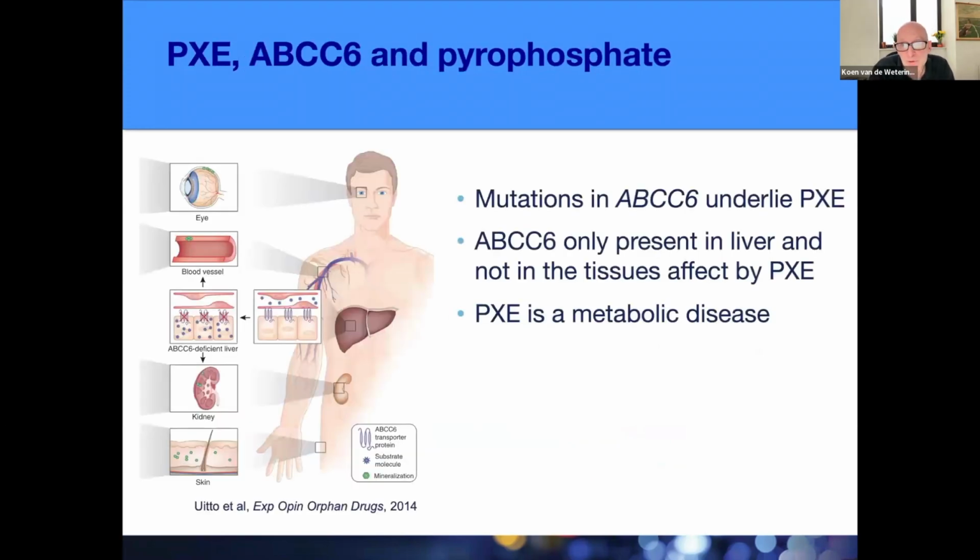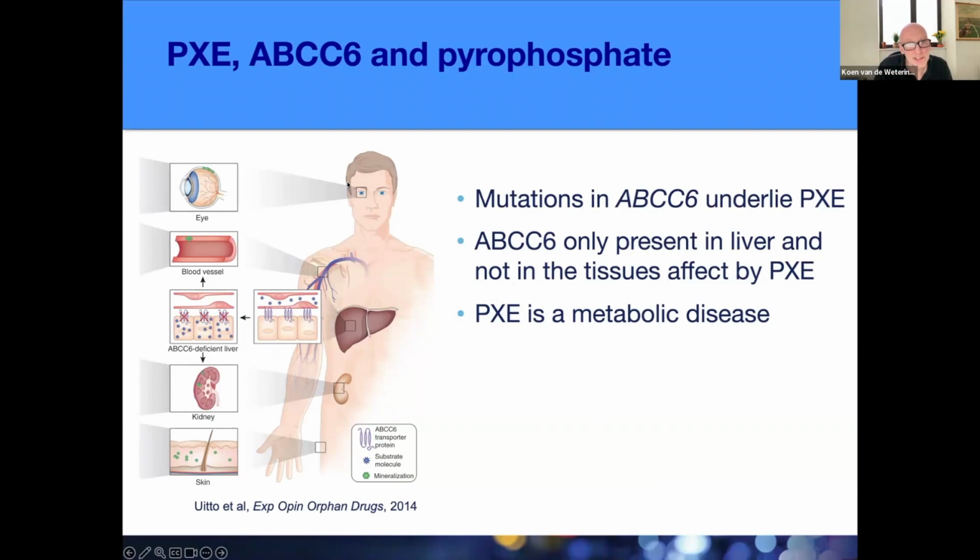Okay, then something about the relation between PXE, ABCC6, and pyrophosphate. So how does ABCC6 regulate levels of pyrophosphate, and how is that process altered in PXEers? So as said, mutations in ABCC6 underlie PXE. And ABCC6, so the protein that's missing in PXEers, is in unaffected people only present in the liver.